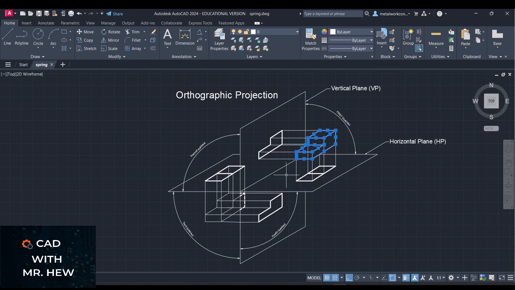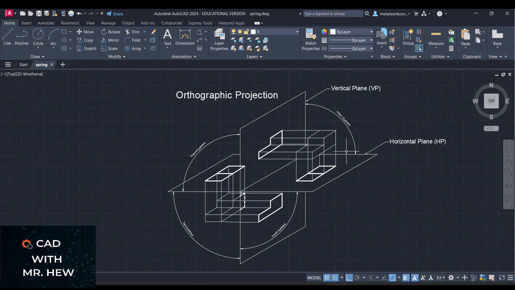So the first orthographic projection that we're looking at is called first angle projection. Here we have the object suspended, as I said, above the horizontal plane and in front of the vertical plane. If we project lines from the object perpendicular to the vertical plane, this is the outline of the front elevation.